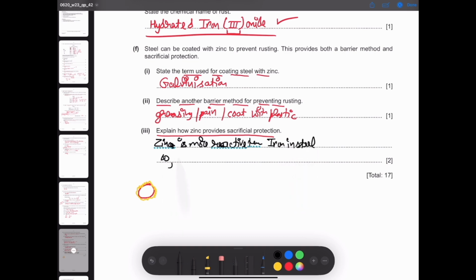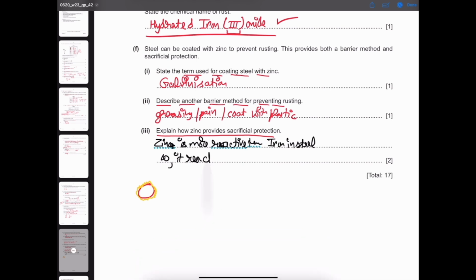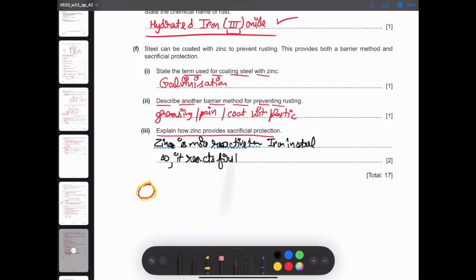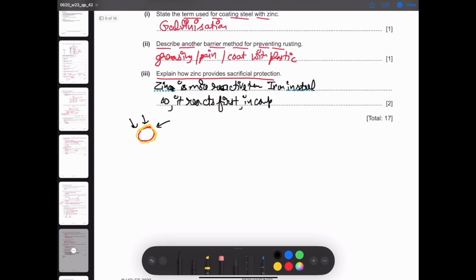So it reacts first in comparison to iron. So whatever moisture and oxygen will be in contact, first of all, zinc will react, then your steel and iron will be safe.